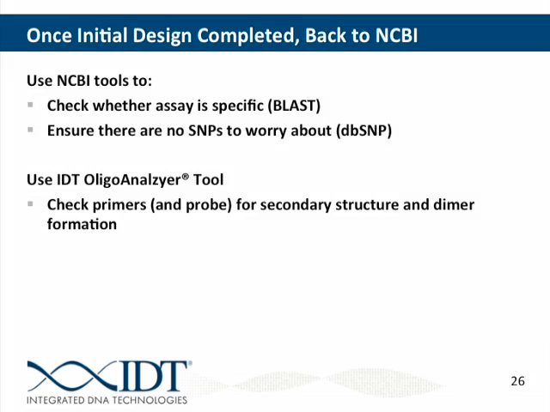So it's always recommended that if your goal is to design a highly robust and most optimized qPCR assay, you go back and check the primers and probe for secondary structure and dimer formation using OligoAnalyzer.